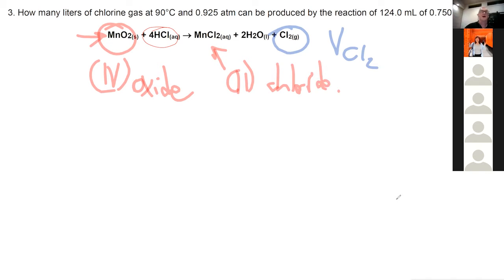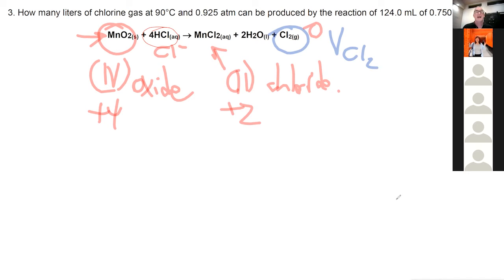This is what we call an oxidation reduction reaction. We didn't really get into this, but notice that the charge on the manganese went from +4 to +2. That means it gained electrons from somebody. And it gained those electrons from chlorine, actually, because the chlorine went from a charge of -1 over here to 0 over here.